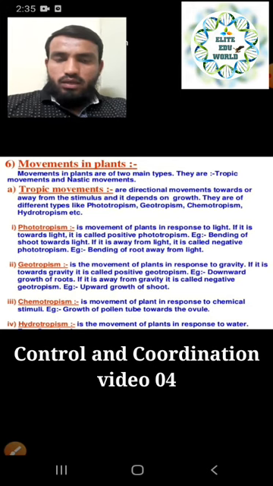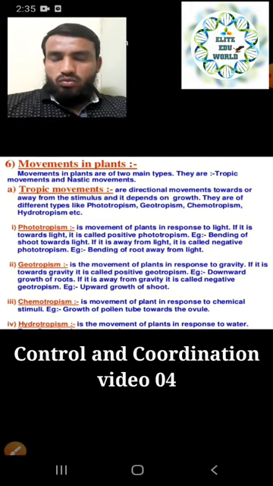And what is negative geotropism? The example is the upward growth of the shoot. When the shoot is growing upward, it is growing opposite to the direction of the gravitational force. So in geotropism also there is positive and negative.